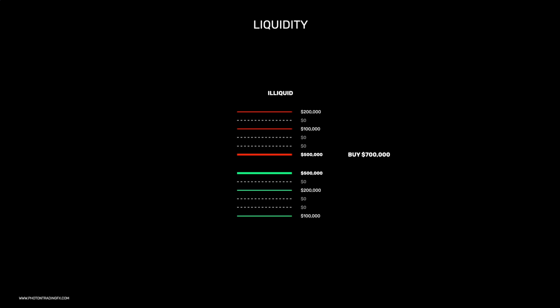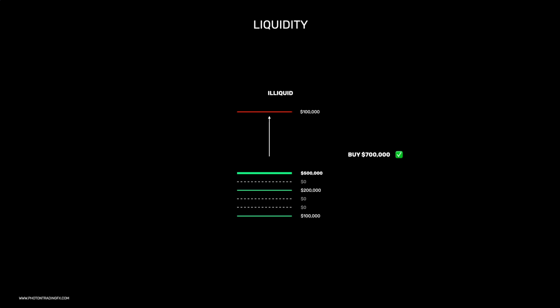But if we are looking to buy $700,000 of this instrument and there's only $500,000 at the current ask price level, what do you think is going to happen? If you press buy for 700,000, you would instantly absorb all of the liquidity at that nearest ask price, and price would continue to shoot up another 5 price points until all of your demand had been absorbed by the available supply in the market.